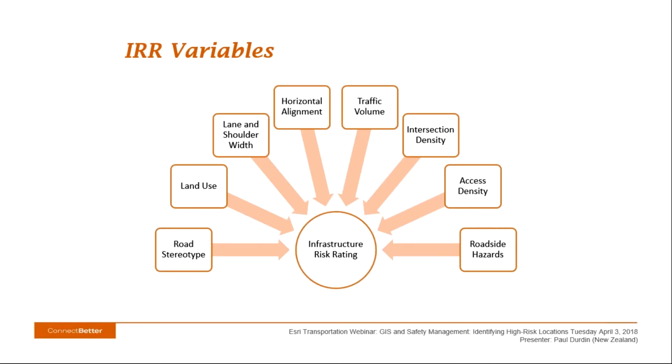The adjacent land use, so are we in an industrial area, residential, shopping centre, etc. The roadway lane and shoulder widths, the horizontal alignment, the traffic volume, the density of intersections, the density of access points, and the nature, type, and severity of roadside hazards.